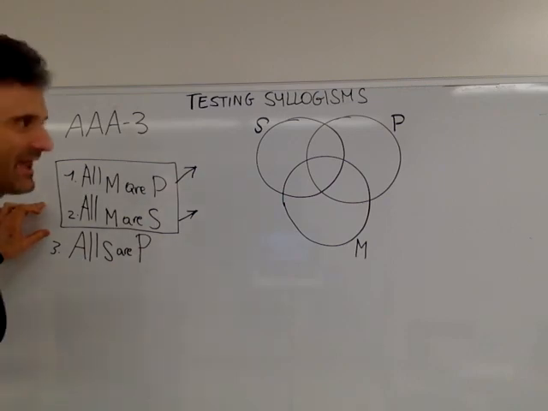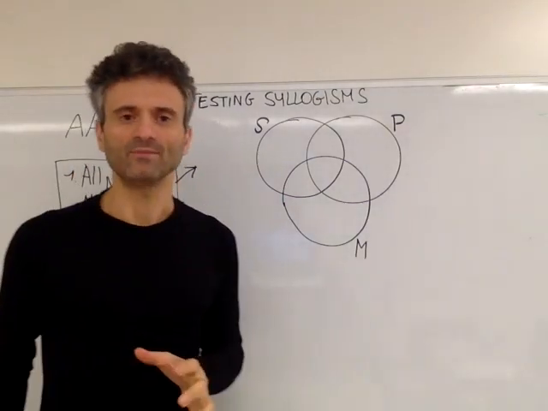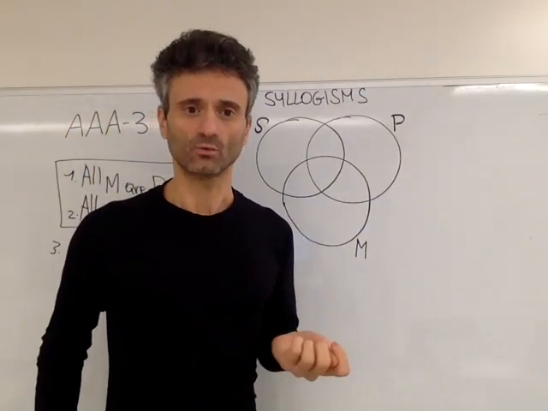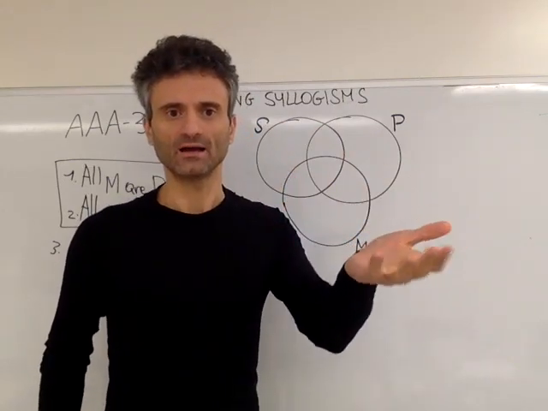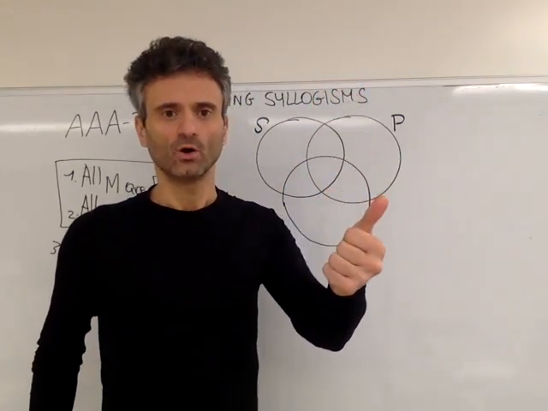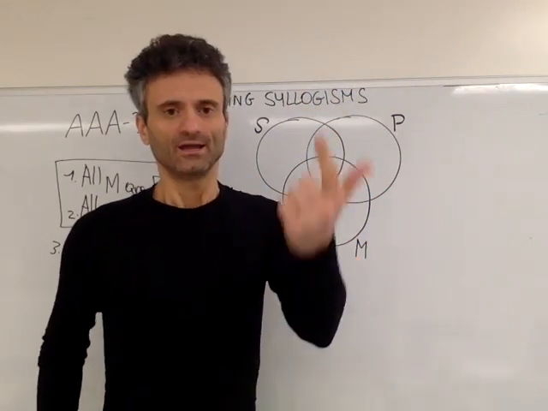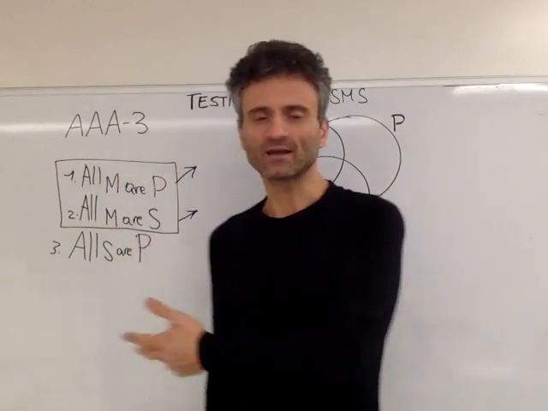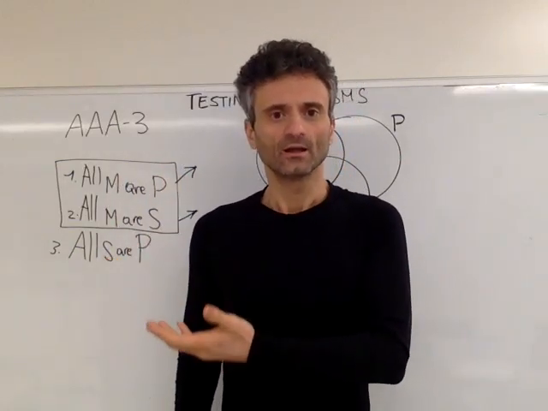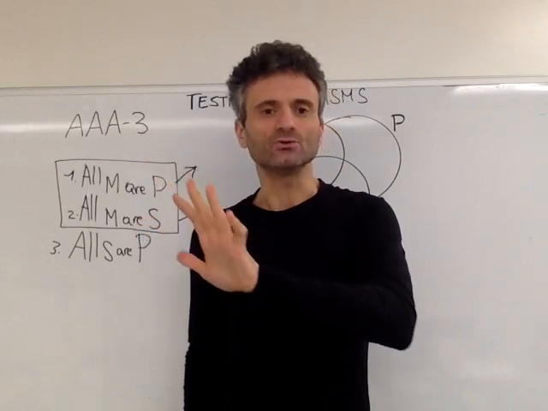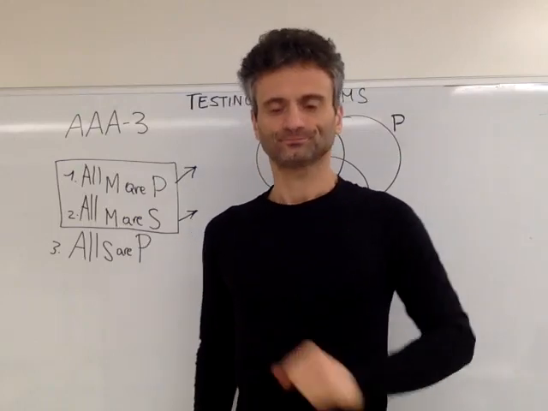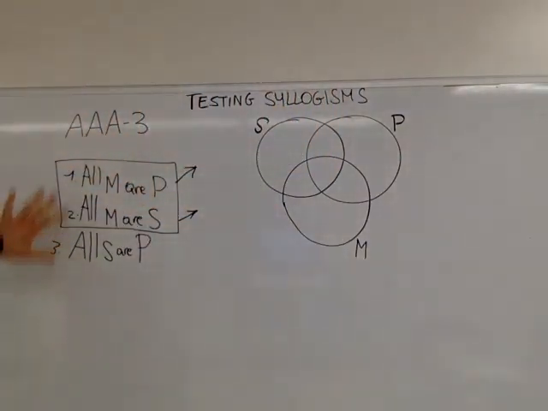Now, if that's the case, if the first premise of your syllogism is a particular one, by particular, you know what I mean. I mean either an I form or an O form. If that's the case, if the first premise is an I or an O, and the second premise is a universal, then you skip the first one and you start diagramming the universal first. But in this case, we don't have to worry because they're all universal, okay?